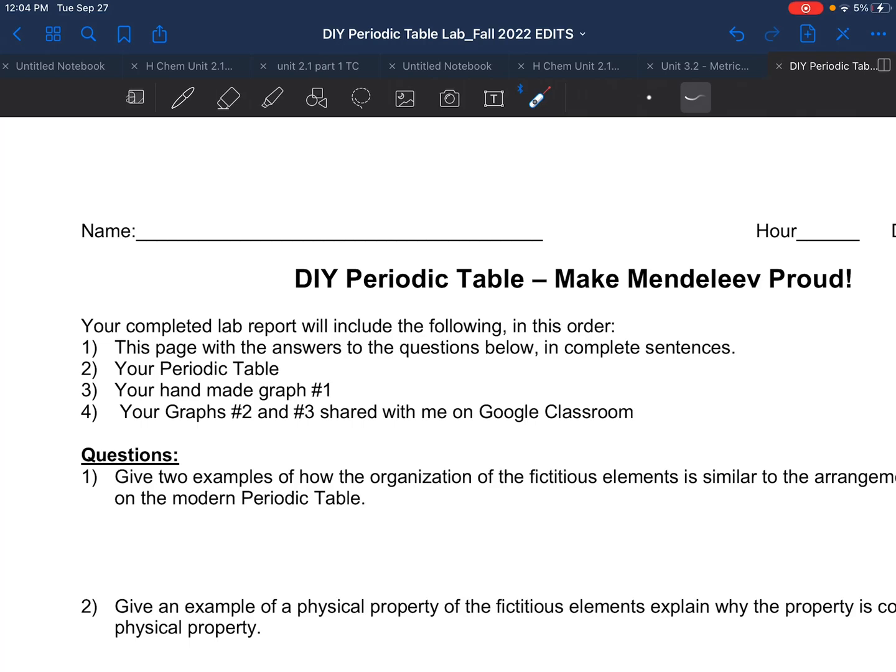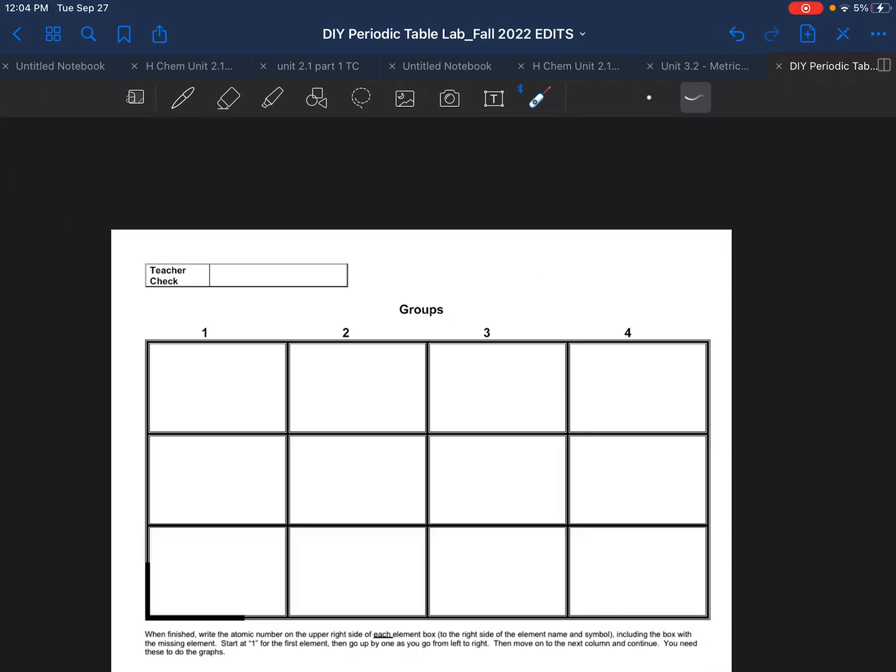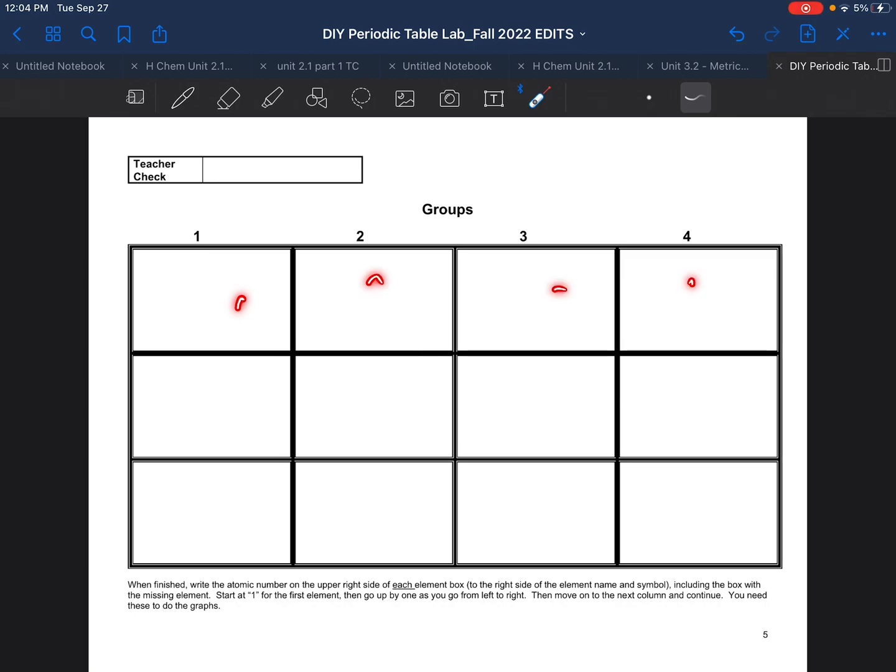Once you figure out where you think all of them go into the periodic table, there's going to be one of these missing, right? Because I give you 11, and you should have 12. So let's say the missing one goes here. Then you're going to fill in the missing zodiac sign, give it a symbol, and number the periodic table 1 through 12, just as such.